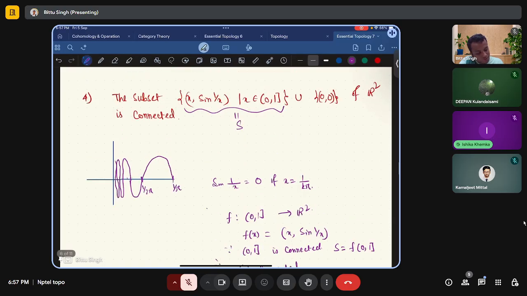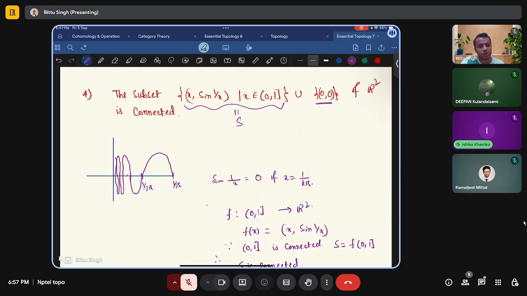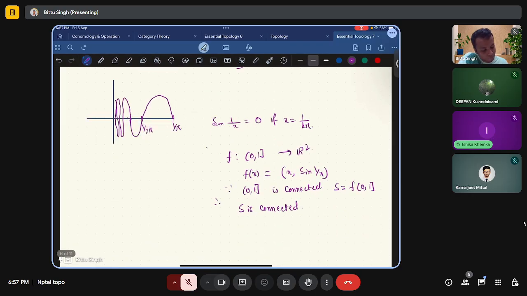Now if the origin (0, 0) is also included, what will be the conclusion? Will it remain connected or not? Again the same situation will arise.